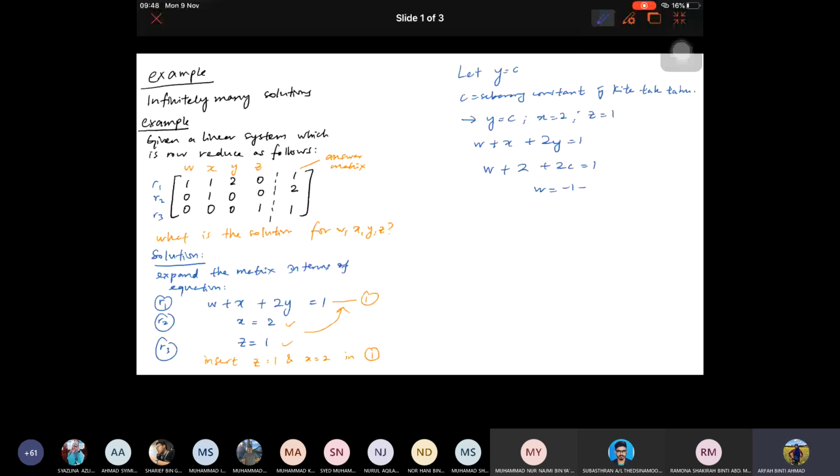Okay. So daripada sini kalau awak nak letak dia dalam bentuk matrix, write the solution in the parametric vector form.